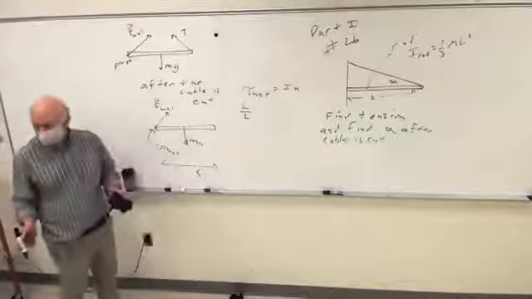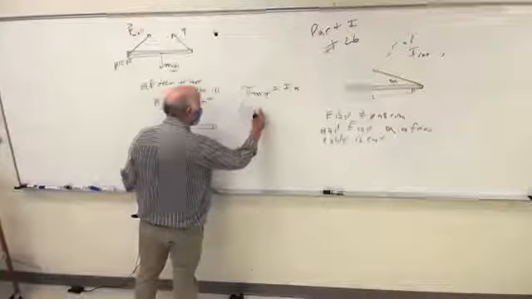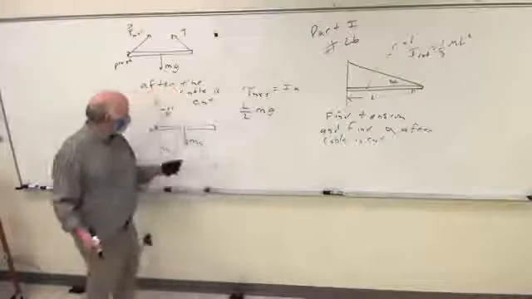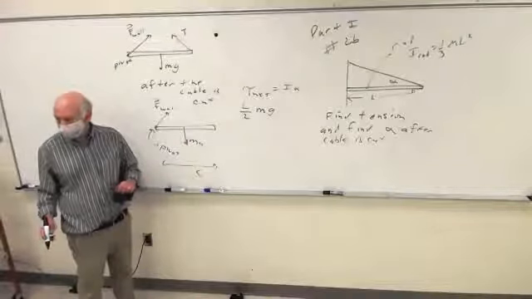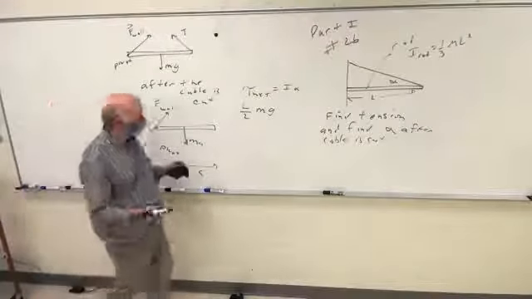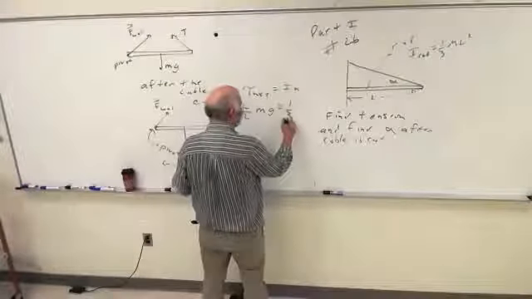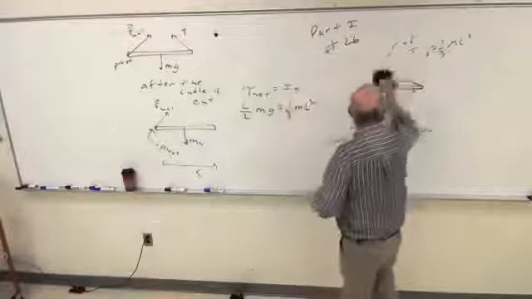What is my F? mg. And then what is the angle between the R and the F? 90, so the sine of 90 is 1. This has to equal 1/3 mL squared times alpha.